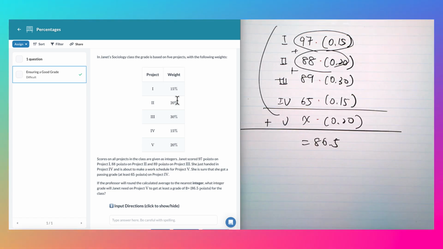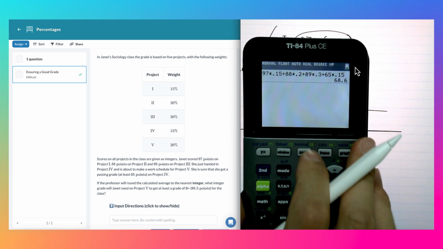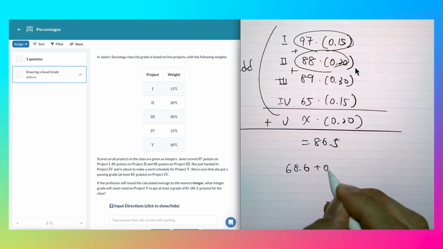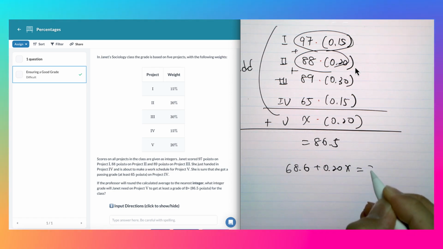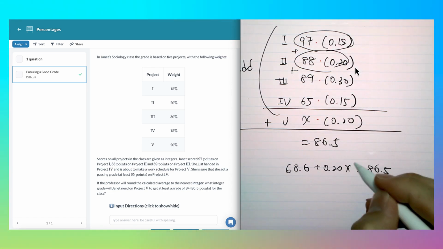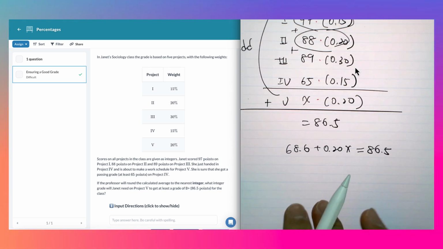So add them up, and the total for these multiplications in each row ends up becoming 68.6. Okay, 68.6 plus 0.2x equals 86.5. Technically it's greater than or equal, but like I said, we want to find out the least you can get, so let's just say equals 86.5.